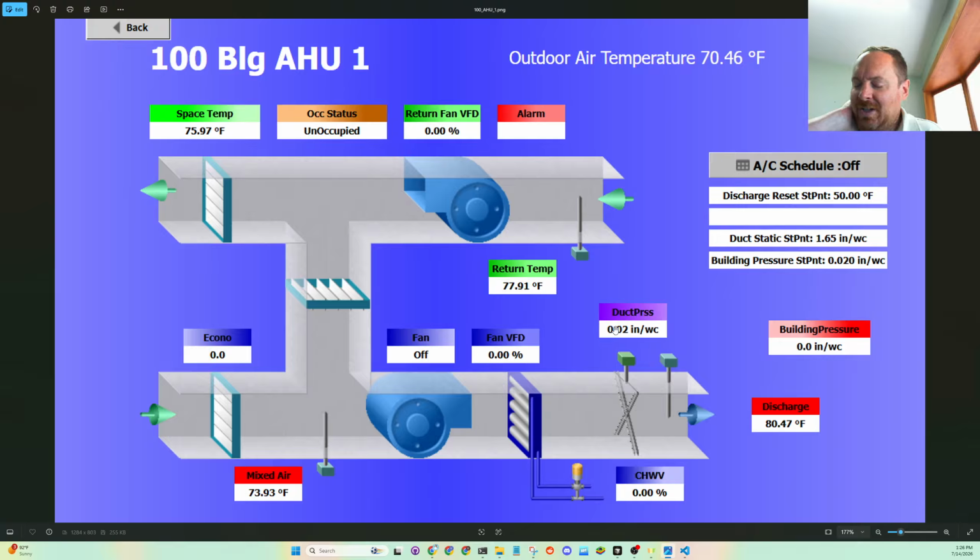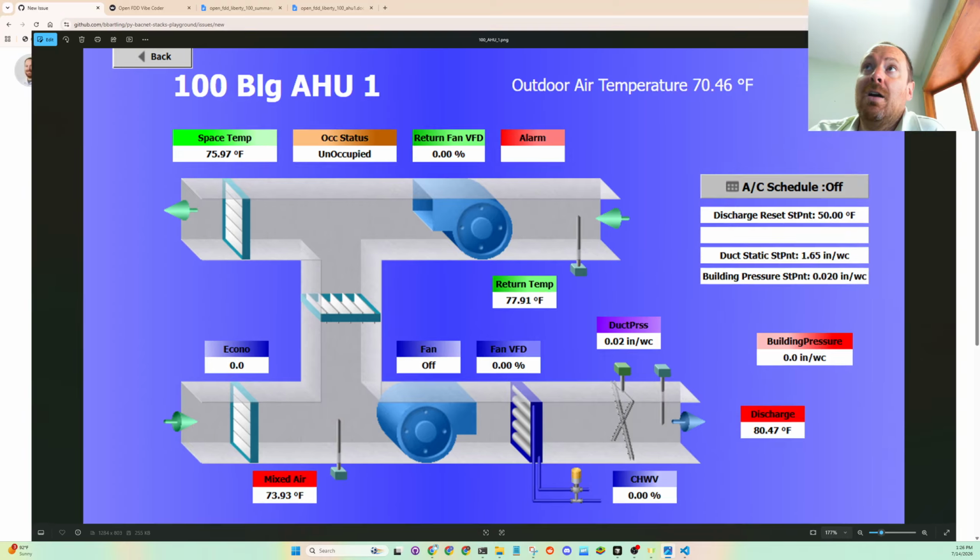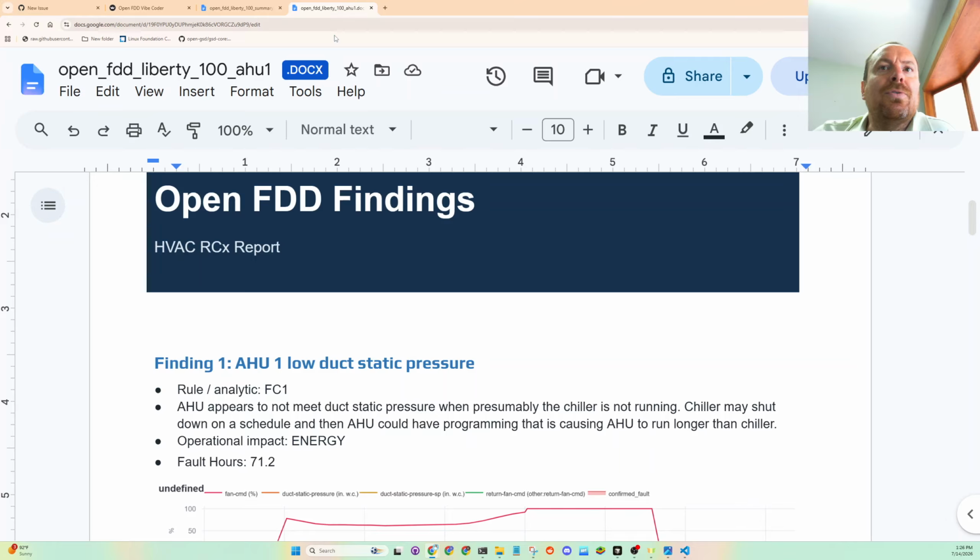I'm just guessing that VAV boxes downstream are shutting down for the day. They're going home. So is the air handling unit, but something in this fan is keeping it going. 7 inches of duct static is not something that you would really want.